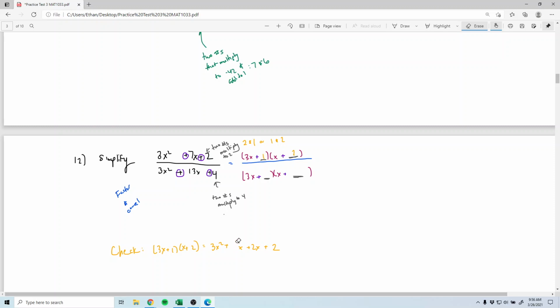So you really only have to change these numbers to what they're going to become. 3x times 2 is 6x, and 1 times x is just x. And this time, does 6x plus x equal 7x? Yes, so this is the combination.